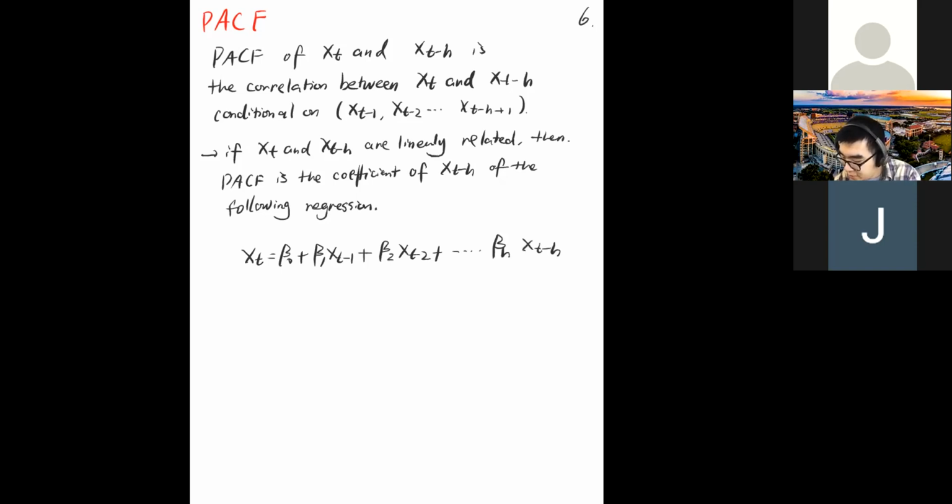So it's basically this coefficient. Beta h captures the conditional correlation between xt and xt minus h.